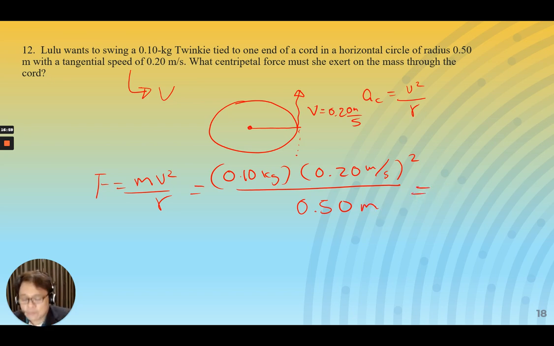We can readily compute for the force. 0.10 times 0.20 squared, divided by 0.50. The units are consistent, it's in MKS: kilograms, meters per second, and meters. The answer is very small, so 8 times 10 raised to negative 3 newtons. This is our answer.